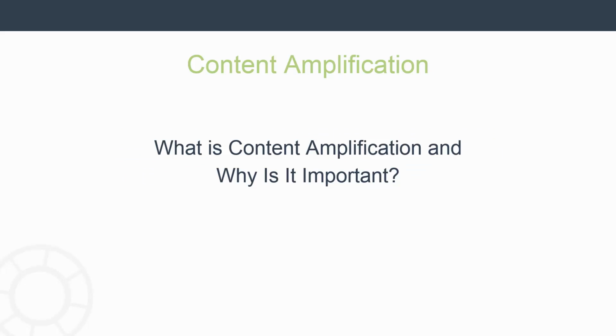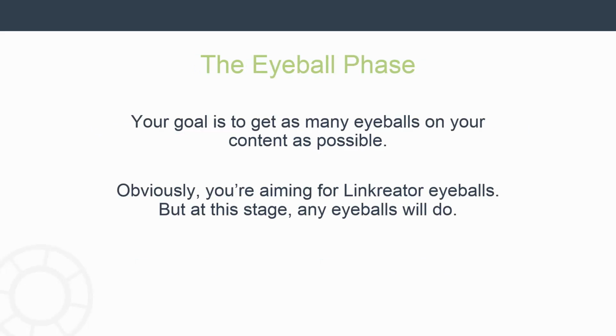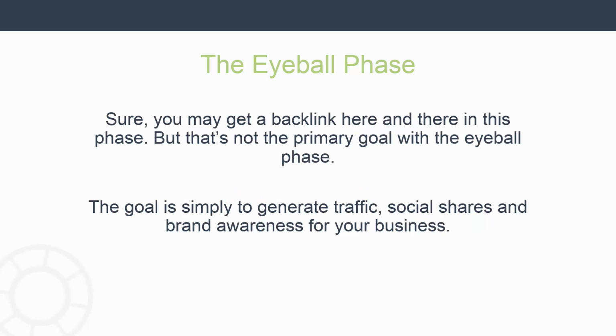So what is content amplification and why is it important? Well, the content promotion phase in the SEO That Works system has two distinct phases within it. You have the eyeball phase and you have the link acquisition phase. With the eyeball phase, your goal is pretty much what it sounds like. You just want to get as many eyeballs as you can on your content. Obviously, your goal is to get link creator eyeballs, right? But at this stage, any eyeballs will do, even if they don't happen to be link creators.